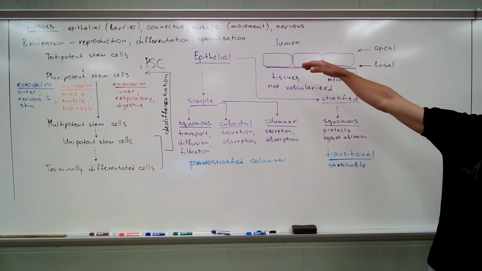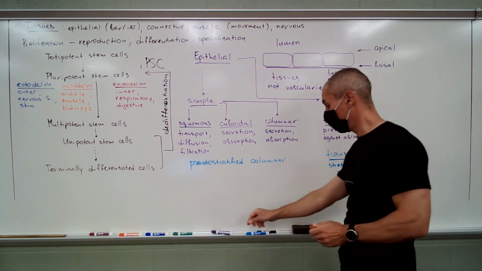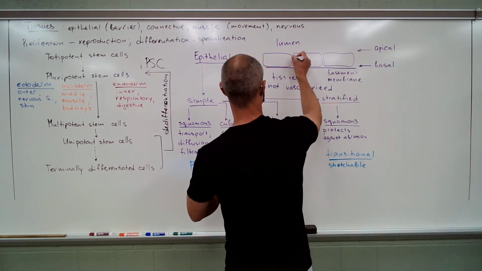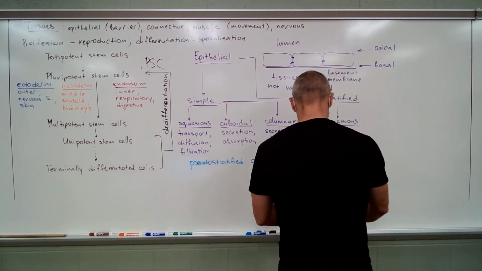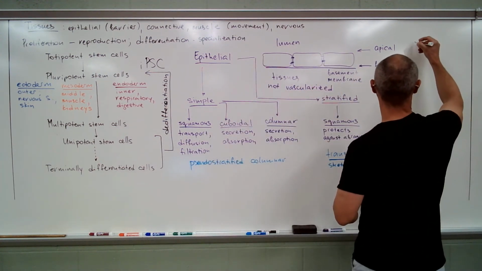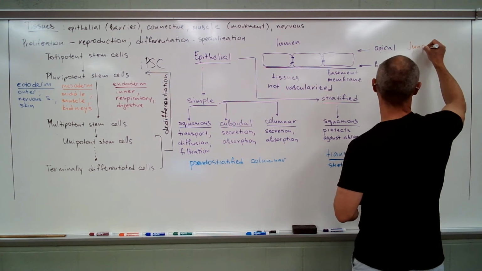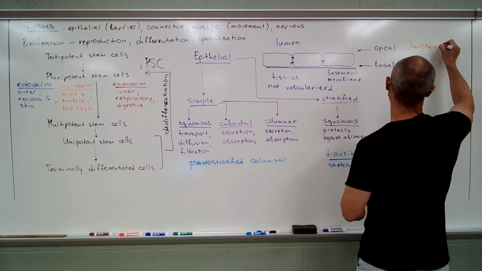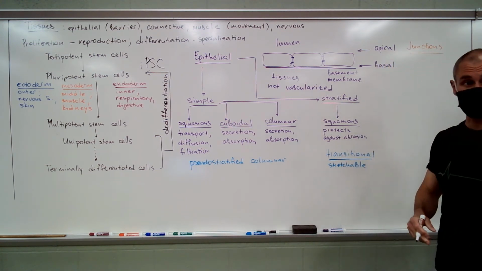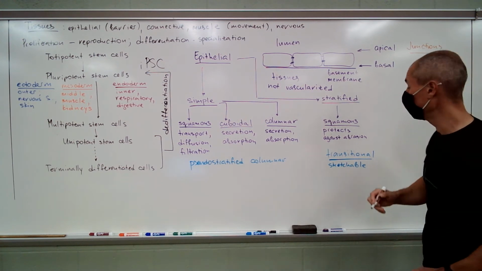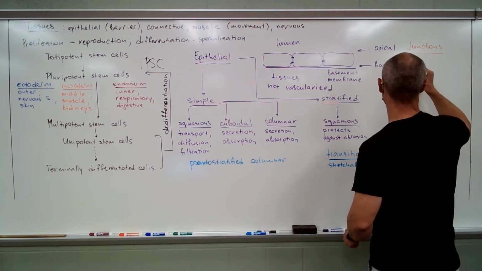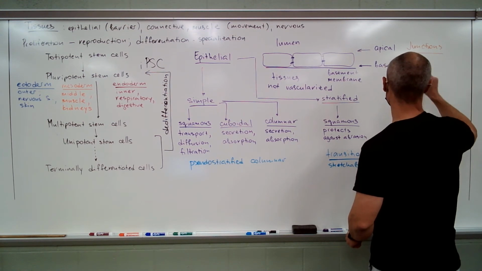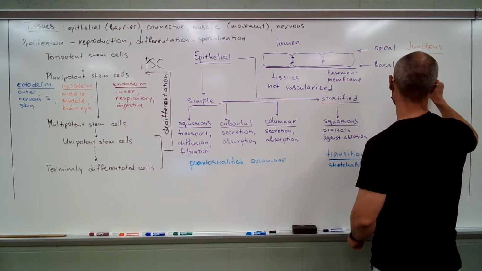There are so-called junctions. There are three types of junctions that I want you to know: gap, tight, and adherent.